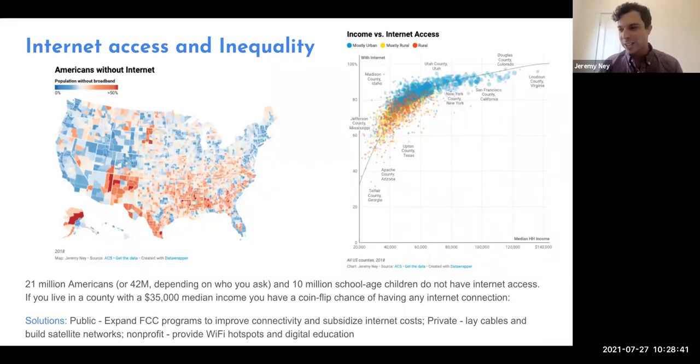The challenge that we see in No One Left Offline, the nonprofit that I'm a part of, is that it's really difficult for students and parents to complete a lot of their professional and educational needs just on their phones. And while you do have access on your phone, if you don't have the device to support that work, using your phone's hotspot without a laptop makes it quite challenging.